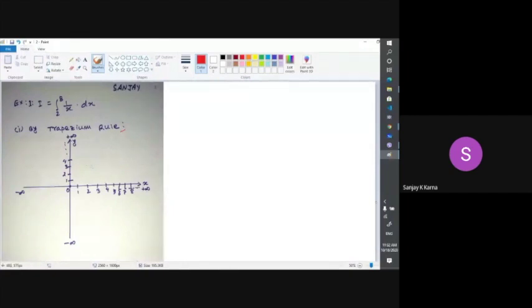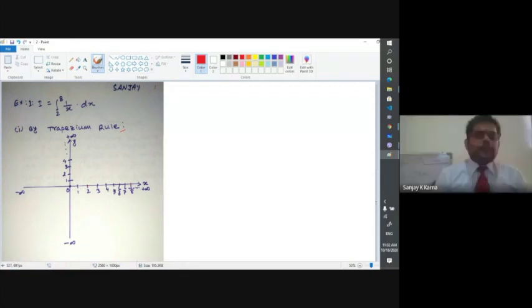So in this case, if you consider the graph from 2 to 8, let's check what happens if you put x equals 1, for example. If x is 1, y is also 1.